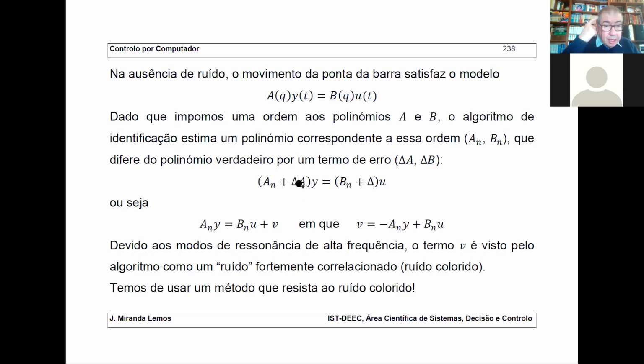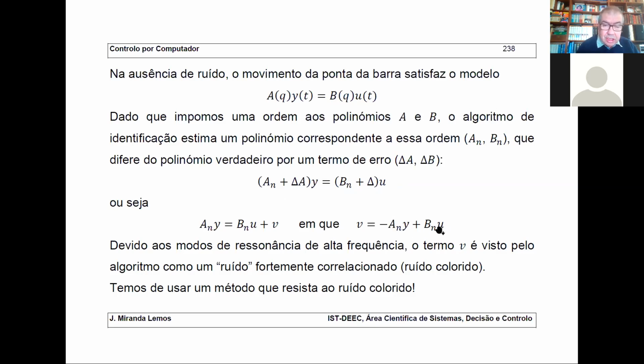Okay? So I replace A and B by the nominal values plus the error in A and in B. And I can rewrite this equation as A_N y equals B_N u plus the remaining part. I call it V, and the remaining part is this stuff here. What happens is that this stuff here has nothing to do with stochastic noise, but it's modeling errors, and it's highly correlated.